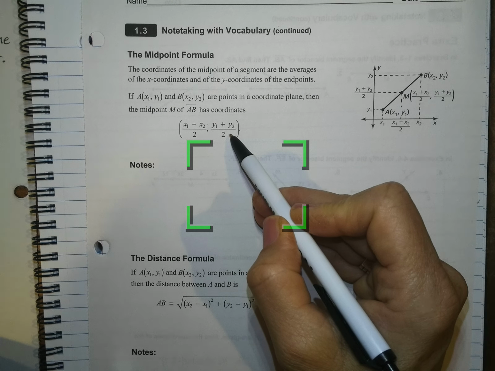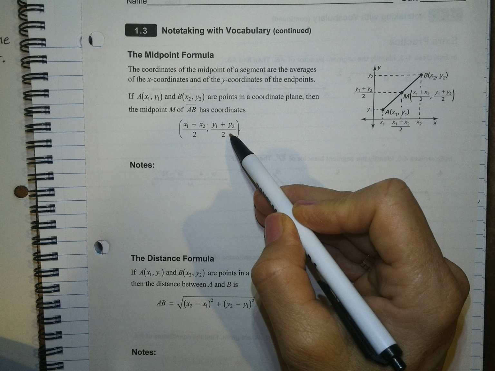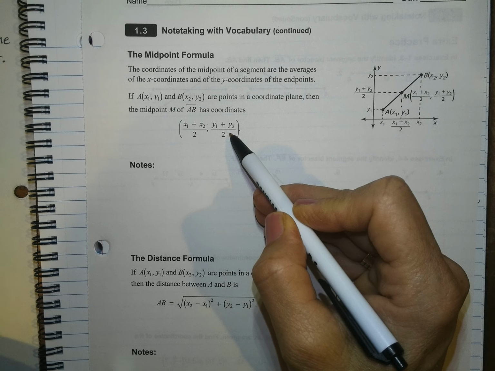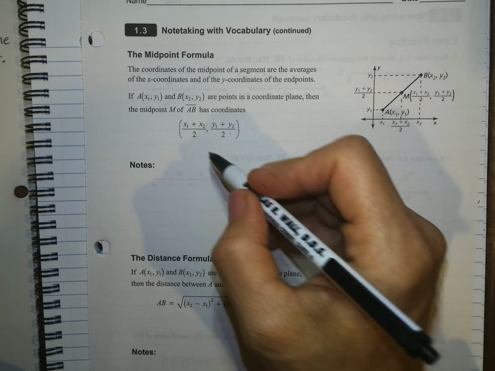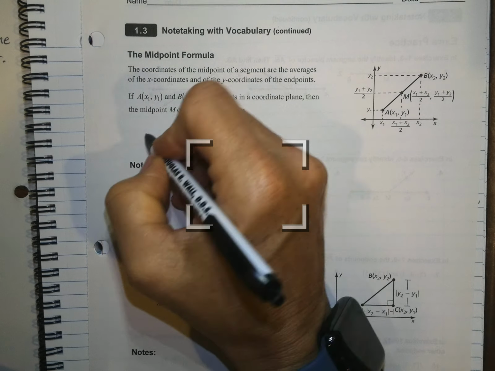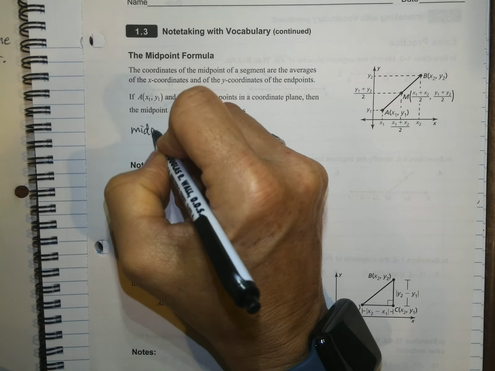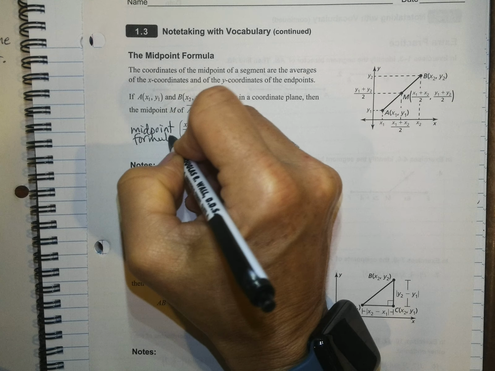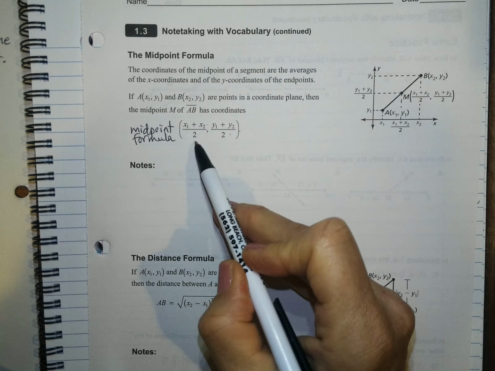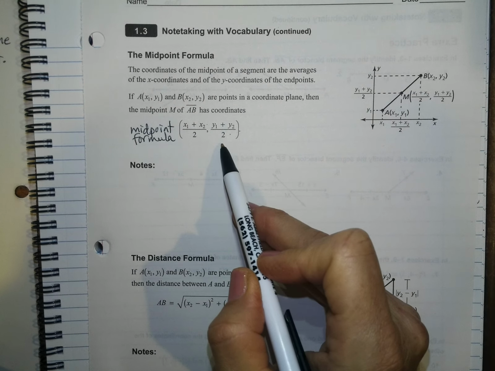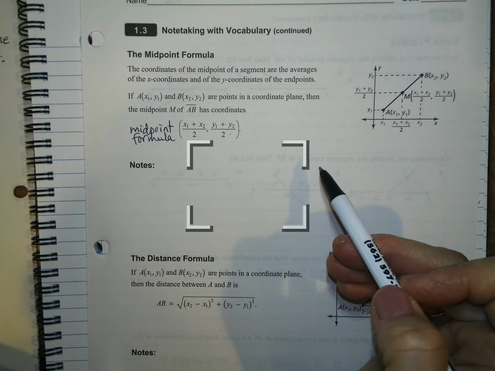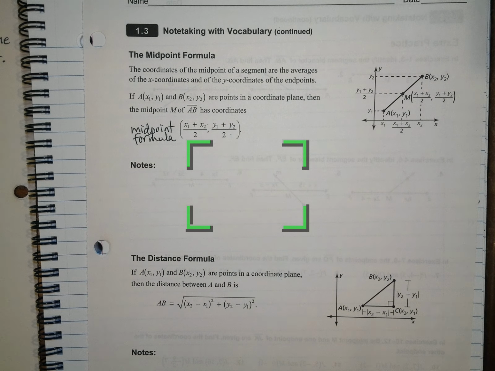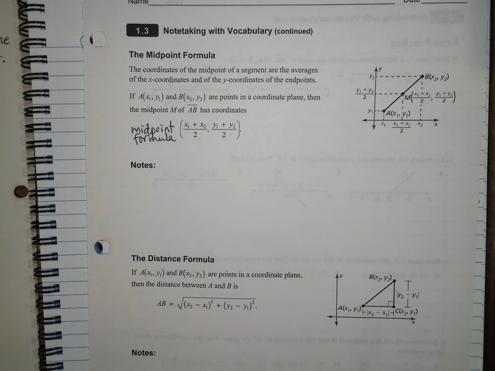You can add the y's together and divide by 2. And that will give you your midpoint. So this is the midpoint formula: these numbers divided by 2, comma, these numbers divided by 2. Write down any notes you need to write. Of course, I'll show you an example.